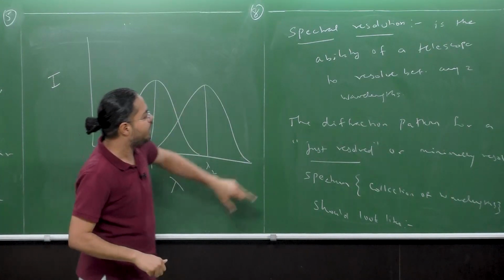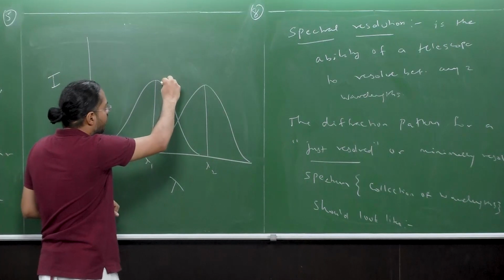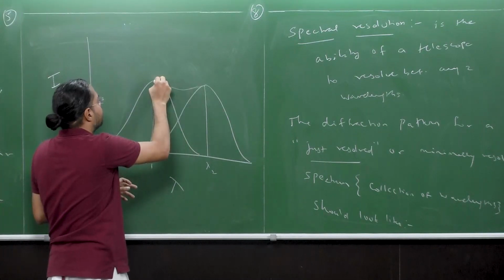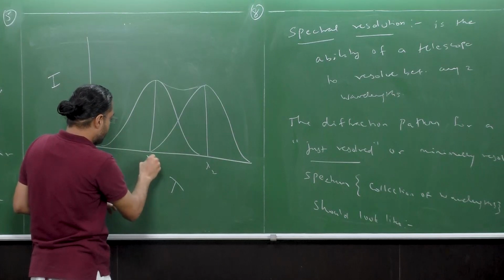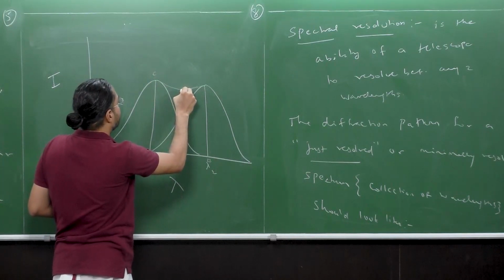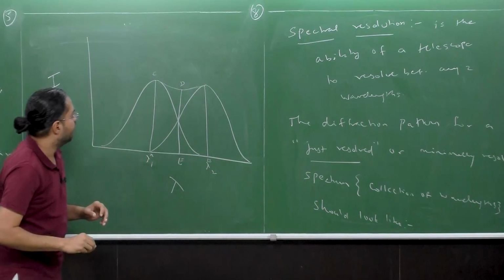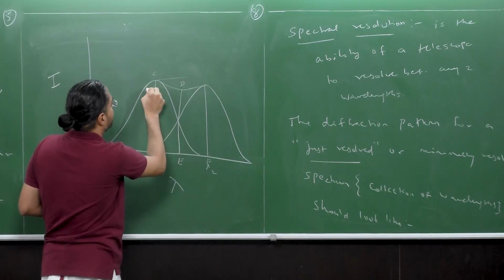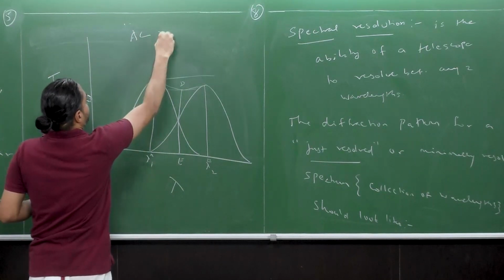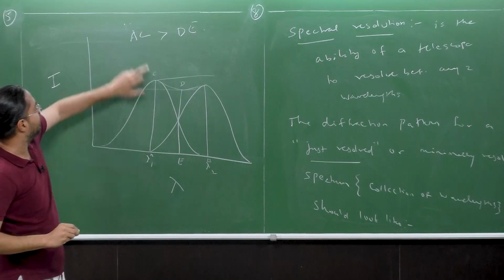But there happens to be one minimum value, such that, when the dip, let's call this point A. This is B. This is C. This is D. And this is E. So please note that your AC is greater than DE. Okay, so your AC is greater than DE.